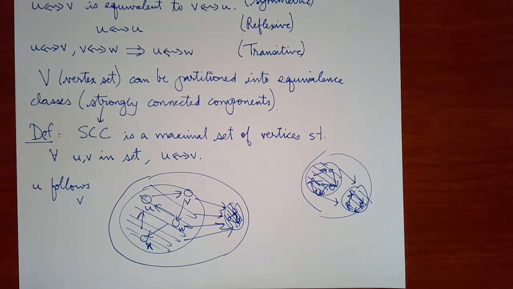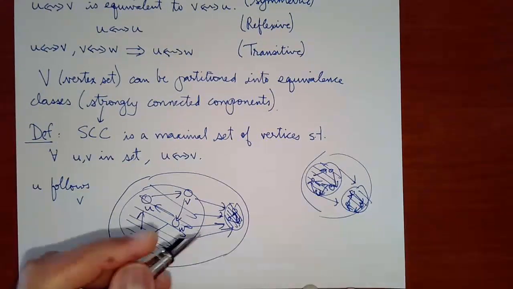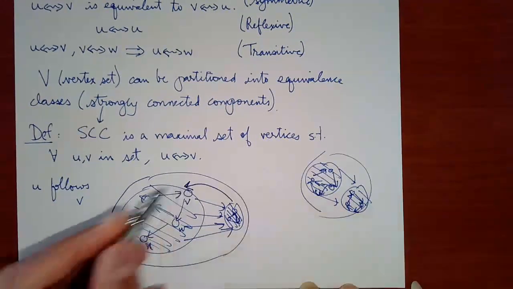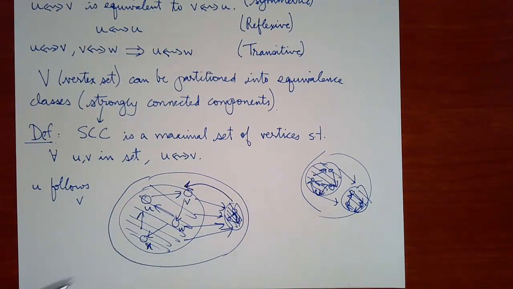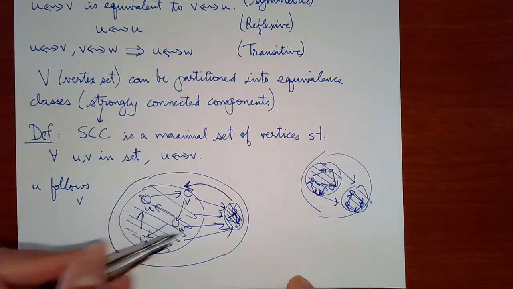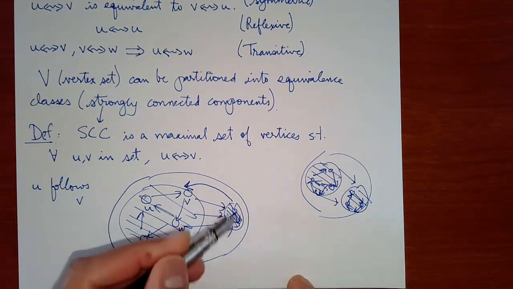Yeah, so if the two strongly connected components have a bidirection or a back edge from another strongly connected component, then they will form a bigger strongly connected component. Yeah, exactly. Then the whole thing would form a strongly connected component. Because you can get from anywhere in here to anywhere, and anywhere in here to anywhere.